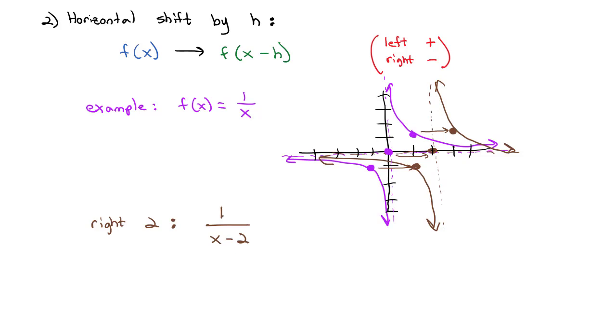Now these shifts do work on any type of graph, and we can combine them together. Let's look at both, where our function f of x is going to be shifted to become f of x minus h plus k.